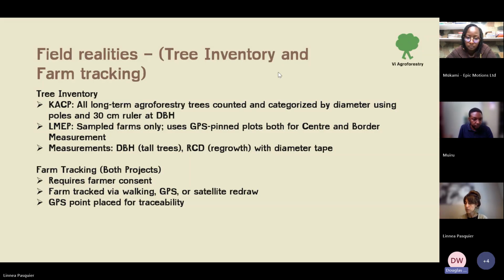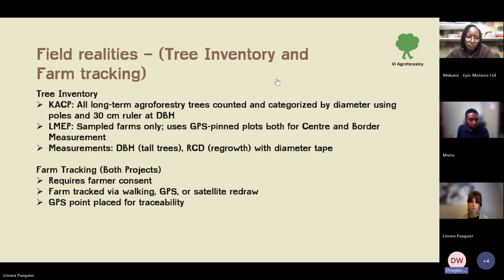Then at the point of sampling, the team doing the sampling, in this case the unique team, places a GPS point, one on the center of the farm, then another on the border. Then it is our duty to navigate to those points.